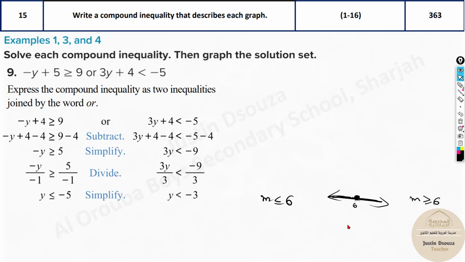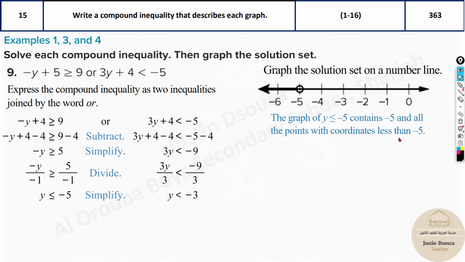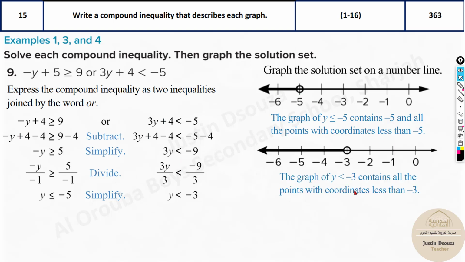Now here, what they have done is two separate graphs. Look, the first graph is what? Now when we solve this, we are getting y is less than or equal to minus 5, that's over here. And y is less than minus 3. That's over here. But you can see it overlaps, isn't it?